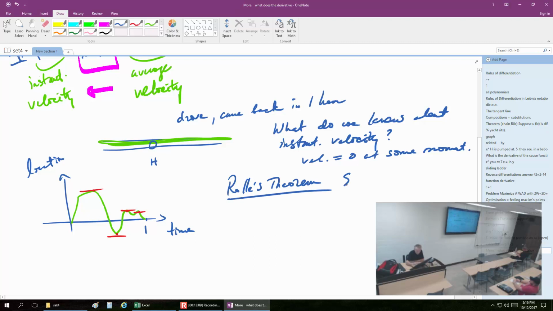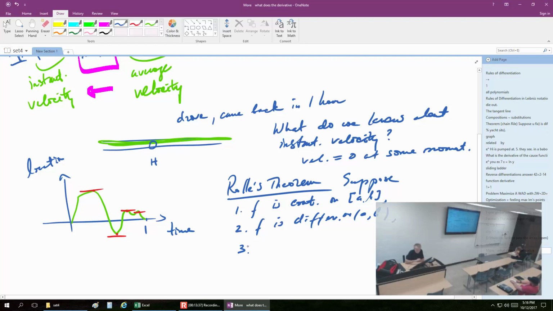So we have a function that is once again continuous on a closed interval, AB, and then we require it to be differentiable on an open interval. Remember that there is always trouble with differentiability of a function on a closed interval. You can only do it one-sided.